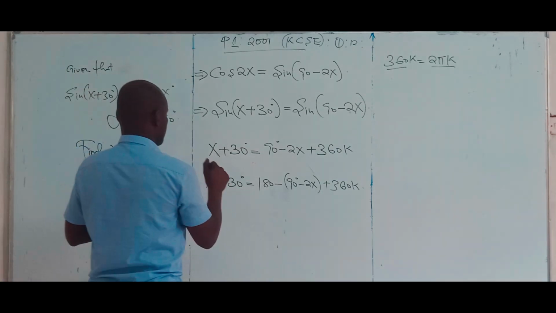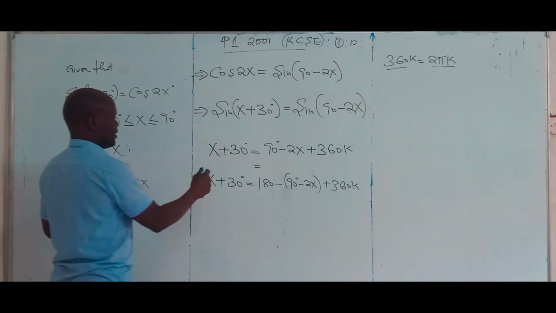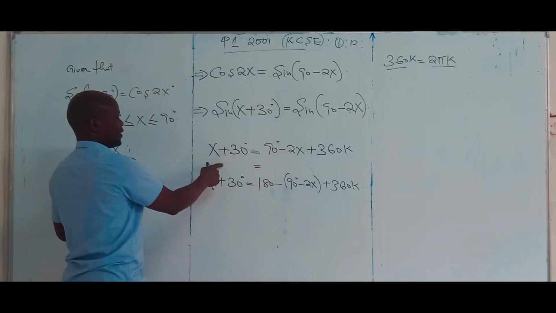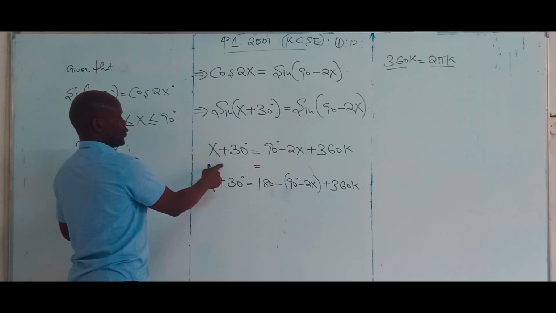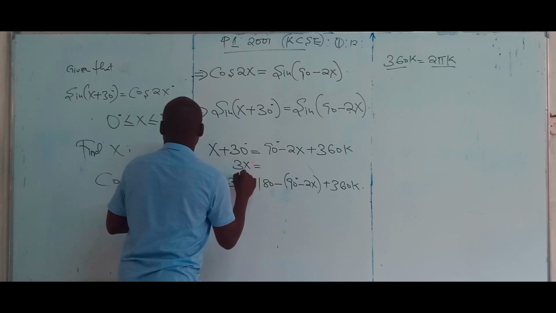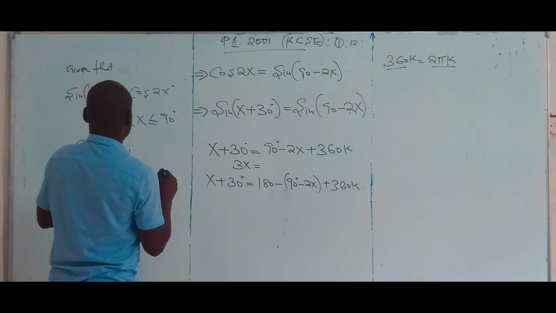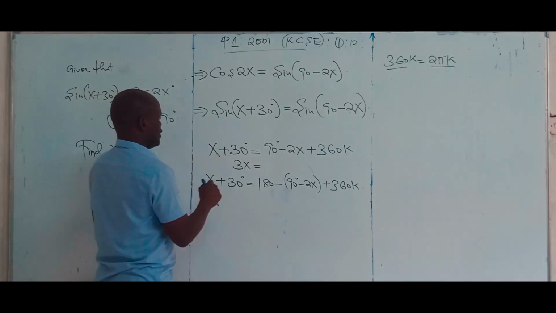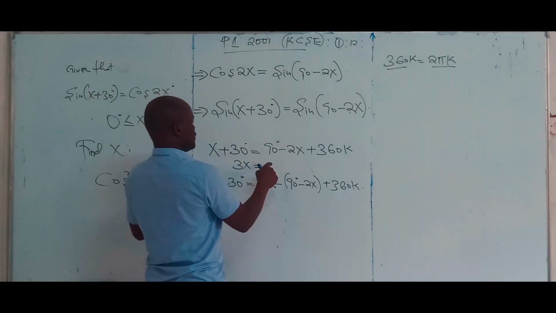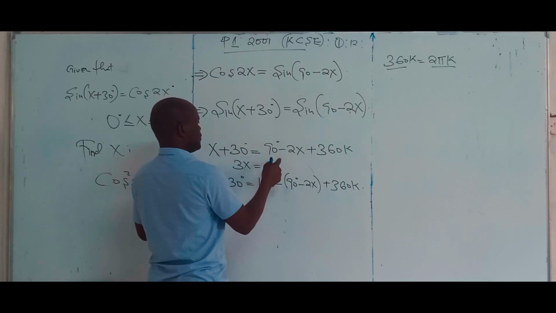In the first case, if we make x the subject, 3x is equal to 90 minus 30, which is 60.